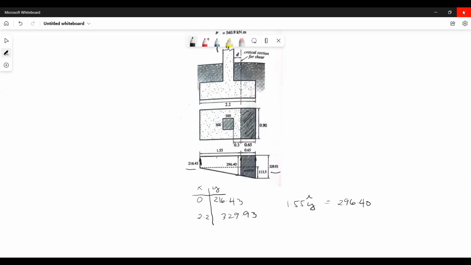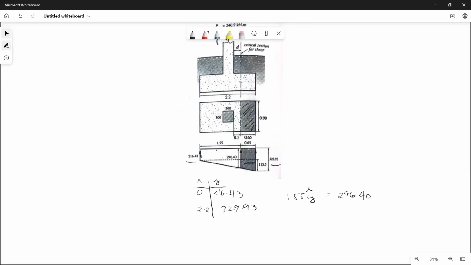991 ES. Wala akong 991 ES. Open ko lang yung calculator ko para mapakita ko sa inyo yung paano. But pwede na kayong mag linear interpolation.